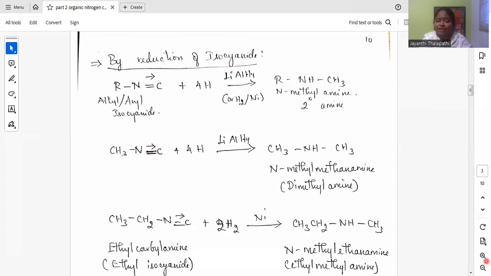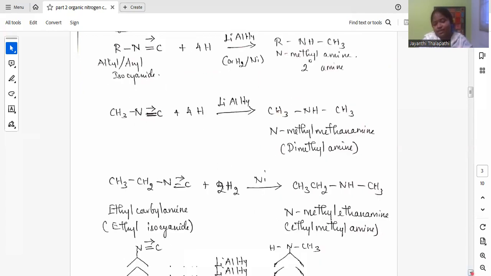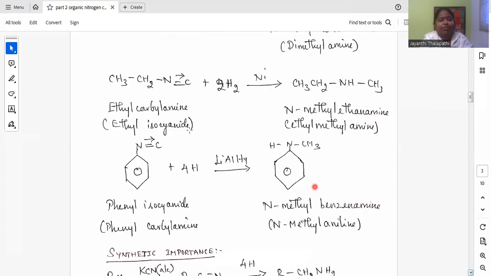We call it dimethylamine, which is a secondary amine. Okay. The same thing applies over here too. And over here phenyl isocyanide, same concept. Nitrogen will get 1 hydrogen, carbon binds with 3 hydrogen. So this shows N-methyl benzenamine, which is N-methyl aniline. Same concept.